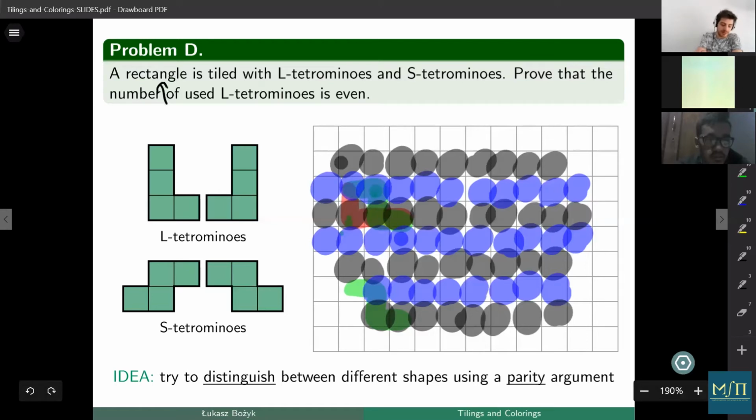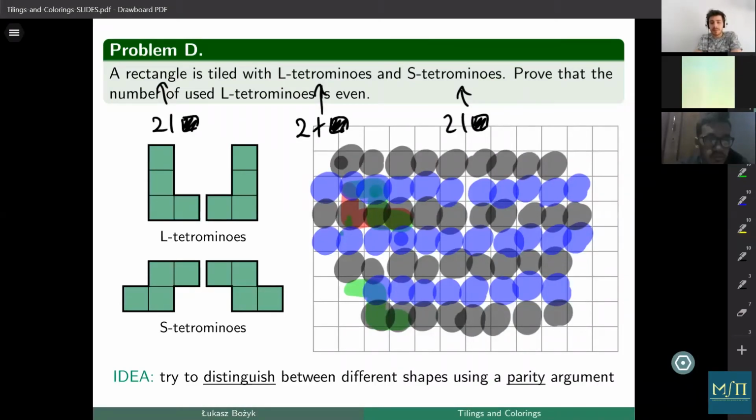Because if a rectangle has an even number of shaded squares, and each S-tetromino has an even number of shaded cells, and each L-tetromino has an odd number of shaded cells, then it follows that the number of L-tetrominos is even. Yeah, but this last step, you need to be careful here.